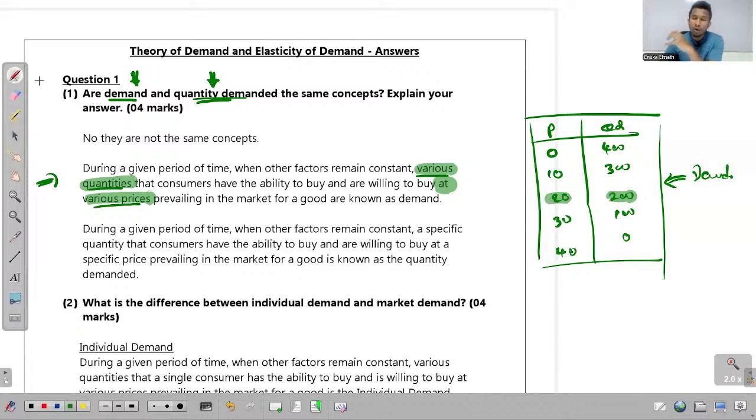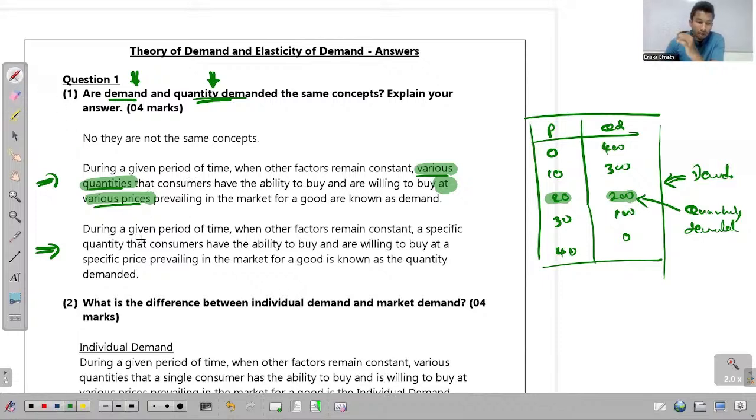One specific quantity under a specific price, you recognize as the quantity demanded. And when you explain quantity demanded, you need to highlight that part, a specific quantity at a specific price.